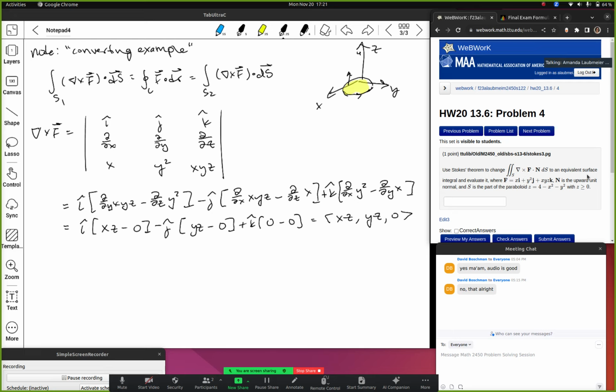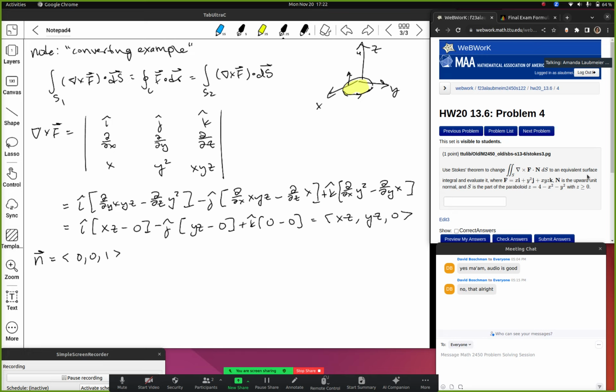So that's my curl, and then I also need to know a normal vector to use Stokes' theorem. I'm thinking about the second surface that I highlighted in yellow up here. And like in the first example, we can actually pick the normal vector for this surface sort of by looking at it. We know that it's going to be 0, 0, 1 because it's a flat object in the xy plane, oriented upwards.